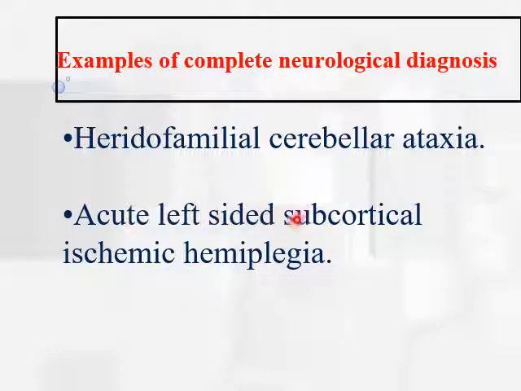Another example: acute left-sided subcortical ischemic hemiplegia. Left hemiplegia is the functional diagnosis, subcortical is the anatomical diagnosis, and ischemic is the pathological diagnosis.